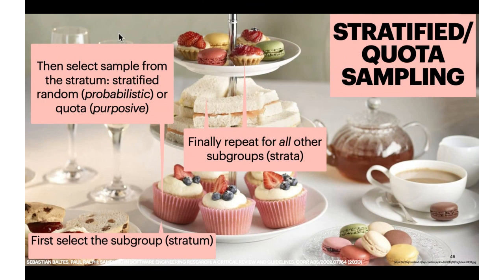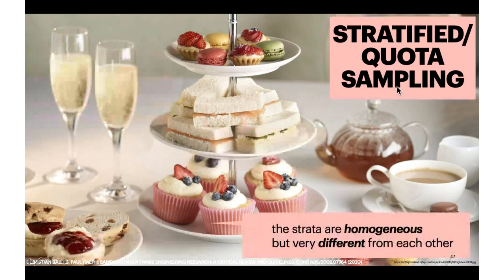This would work as long as our strata are homogeneous, but very different from each other. So if you look carefully at the image, you will see that at each plate, at each level, the food is essentially the same, but they are different from each other. So if this is what we are interested in, then stratified random sampling or quota sampling is the way to go.